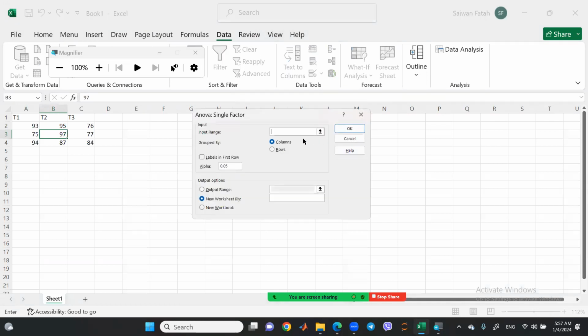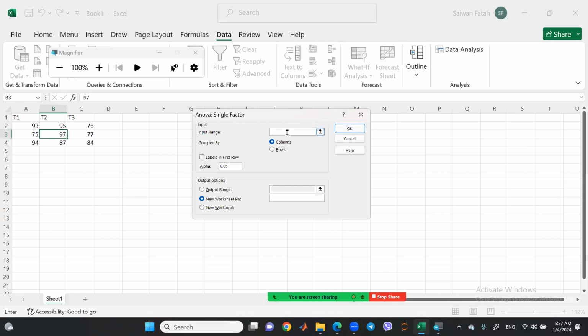Okay. Now, in this box, we need to write down the range of our data. Our data starts from A2 up to C4. But here, this box must be empty.